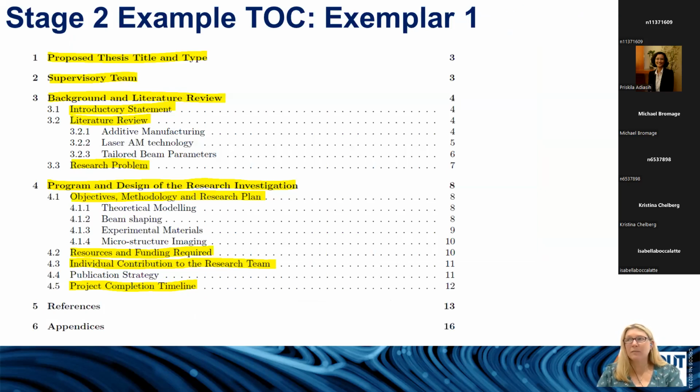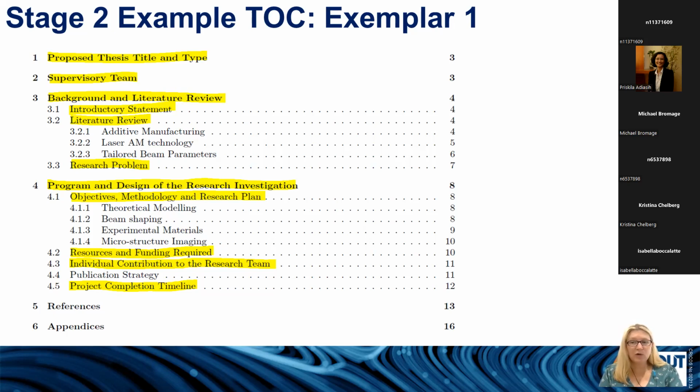This is from exemplar 1. I haven't put the title because I want you to see about shedding light. Do you think from reading this table of contents we have a little bit of an idea of the research topic? This one is a QUT stage 2 research proposal. Those highlighted sections are from the guidelines that I said were on HiQ.